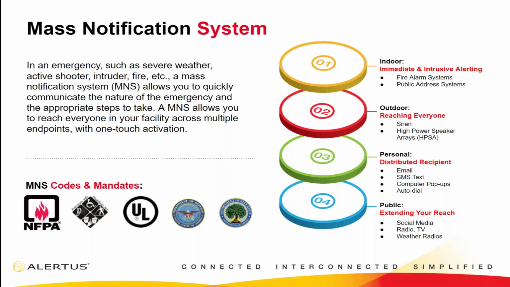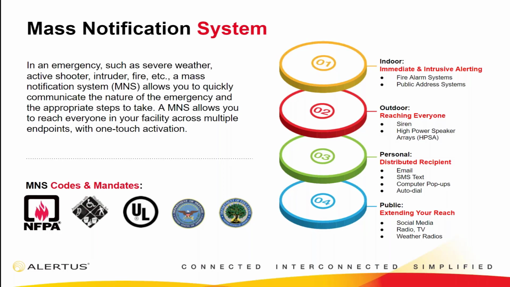Now, when we're talking about a layered approach, we're talking about ensuring that the appropriate message is distributed to individuals that are coming into the building or leaving the building through outdoor notification, as well as looking at what message is being distributed throughout either the existing infrastructure that we're integrating with or the solutions that we've put in place from an indoor perspective as well.